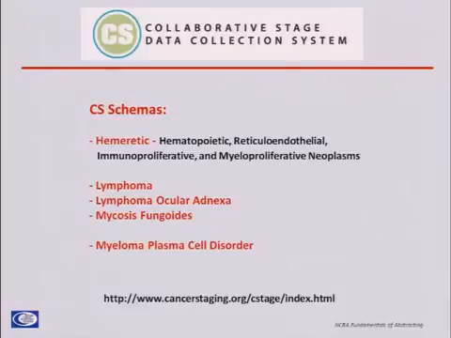Mycosis fungoides, which is a T-cell lymphoma of the skin, has its own schema, and the regular lymphomas. And then the myeloma plasma cell disorder used to be up here in the Hematopoietic until the new classification came out, and that pulled it out into the lymphomas, so now it has its own schema. So there are really 4 lymphoma schemas if you include the plasma cells.